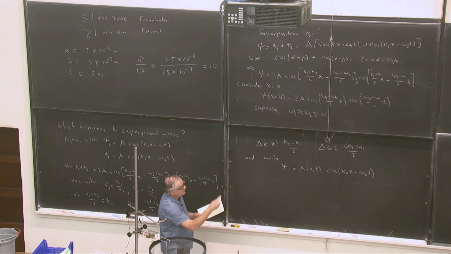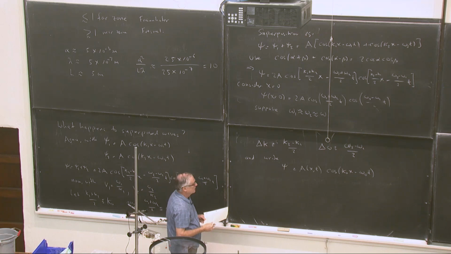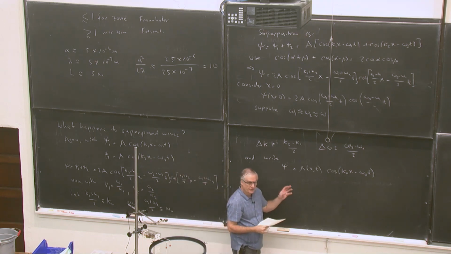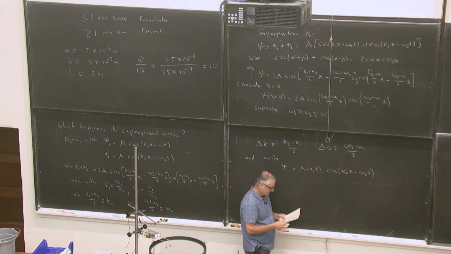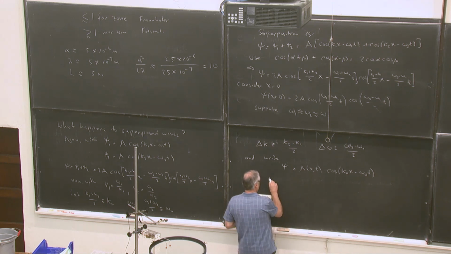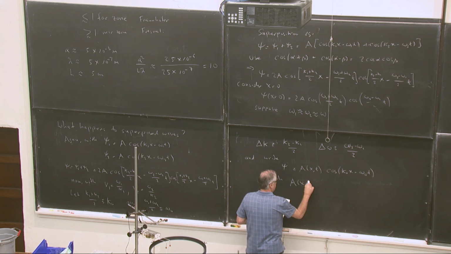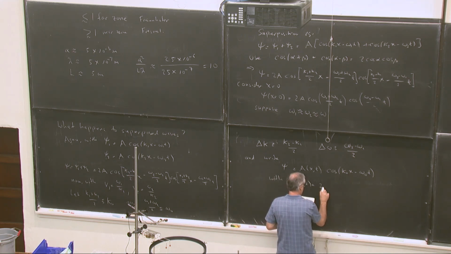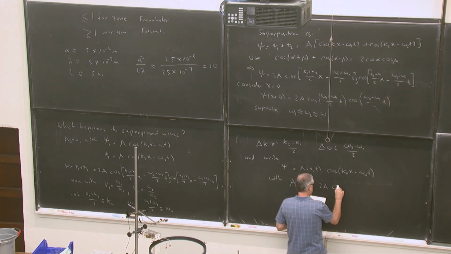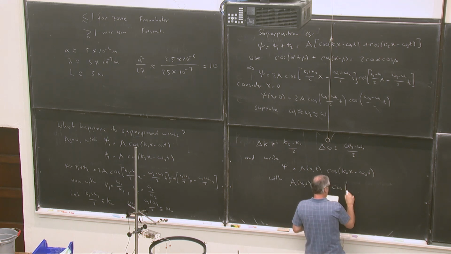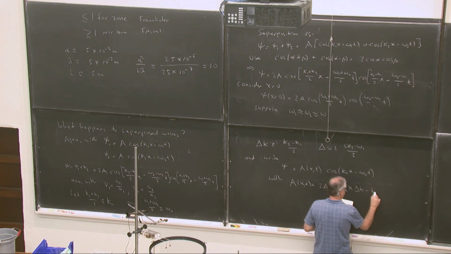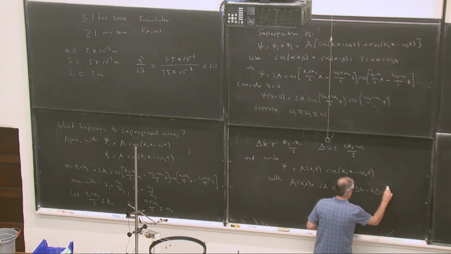So again, I'm doing the same kind of thing I did there, except now I have to be a little careful because the velocities aren't necessarily the same. Psi of x and t is equal to 2A. So it's really just the same thing, cosine of x delta k minus t delta omega.